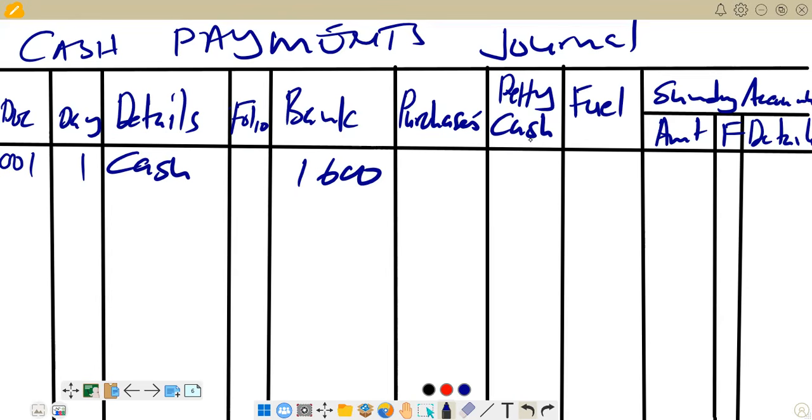If it's not under these three, that is purchases, petty cash, and fuel, we are going to put it in the sundry accounts section here. So we see that we have a cash of 1,600, so it fits under the column for petty cash. We're going to put it here, 1,600. Then we can go back to check what's the next transaction that we have.